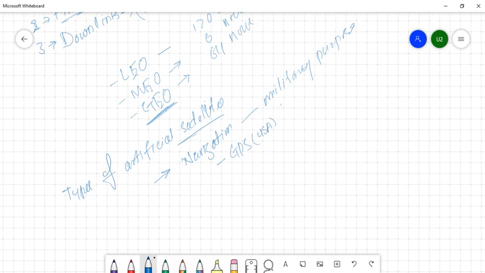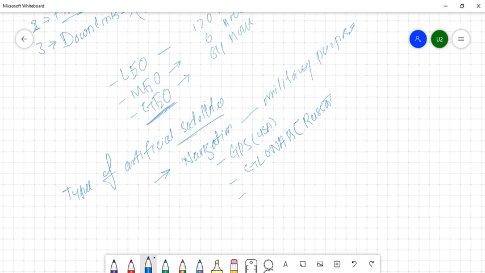Similarly, we have GNSS, not GNS. Another one is GLONASS, that is made by Russia.